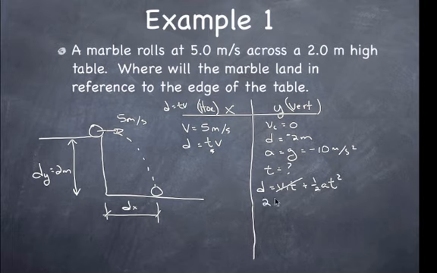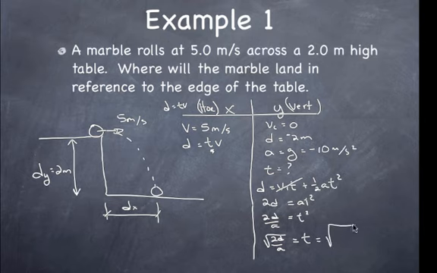Multiply through by 2, and we have 2d is equal to a t squared. Divide through by a, so we have t squared is equal to 2d over a. Then if we take the square root, we have the square root of 2d over a is equal to t.